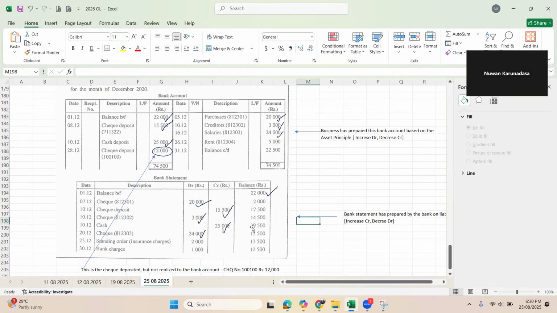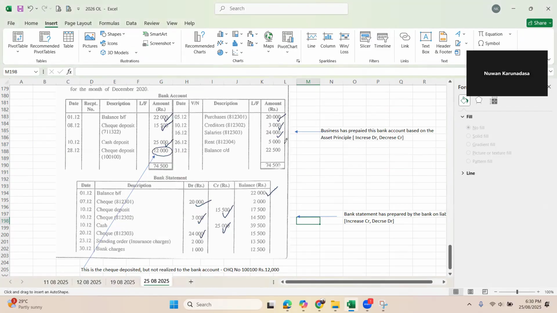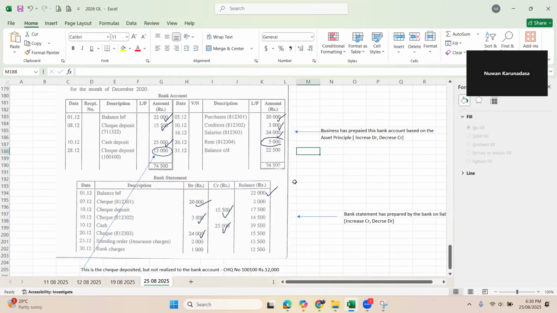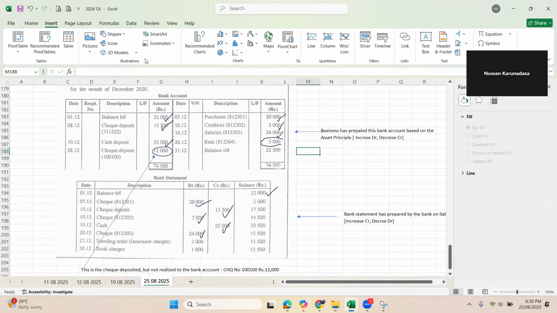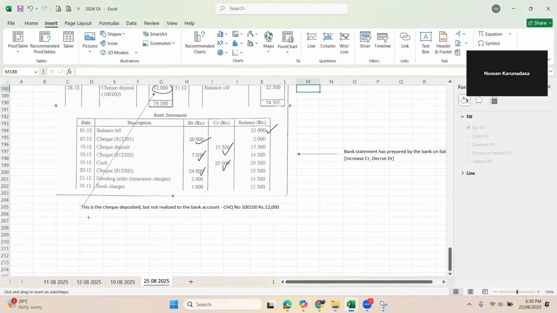Then we have made a 5,000 payment. Now see, it's not appearing. This is called unpresented checks. Very important: we have issued it, but it has not been presented for payment.